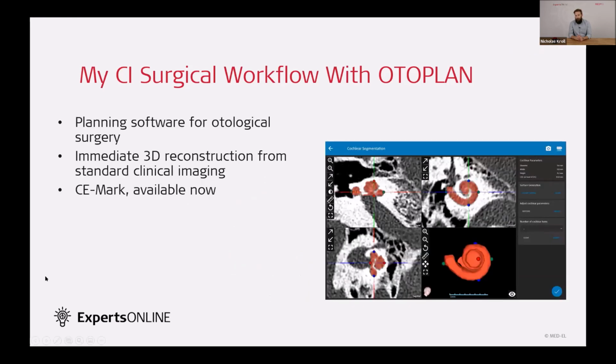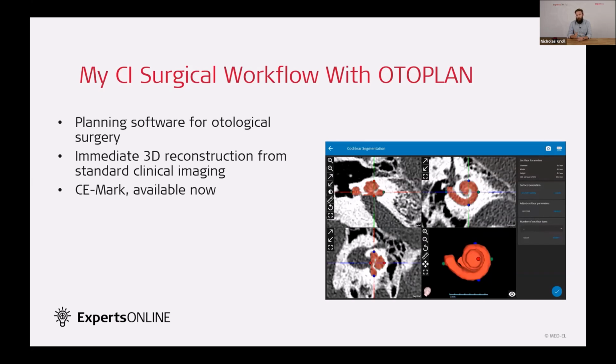AutoPlan is a clinical software used for planning otological surgery, and it has some exciting tools for audiologists as well. It's a little bit like Google Maps for CI surgery. It's really exciting because it doesn't need anything fancy.